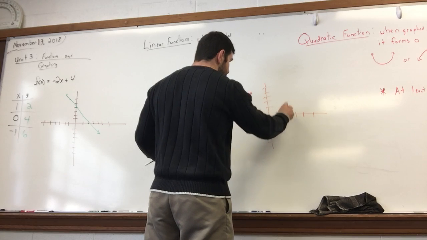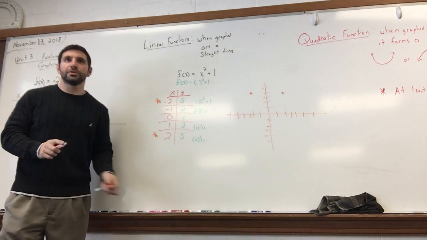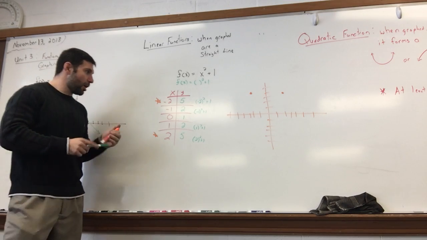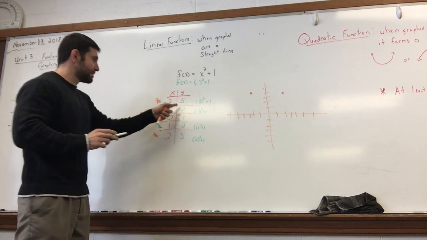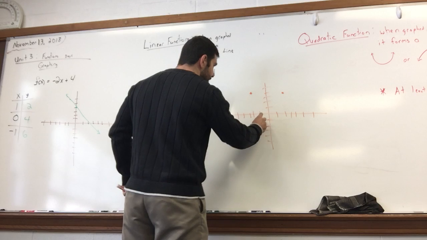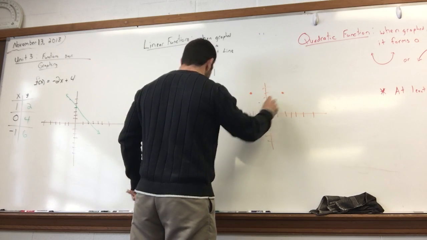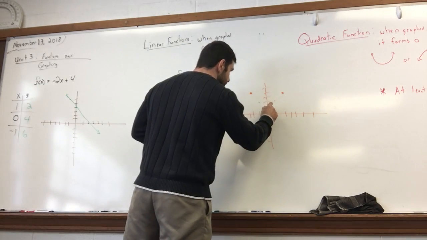It's that many spaces away. Notice that their y values are the same. In quadratics, the opposite x's have the same exact y's. So negative 1 goes up 2, positive 1 goes up 2. And then we've got 0, 1.